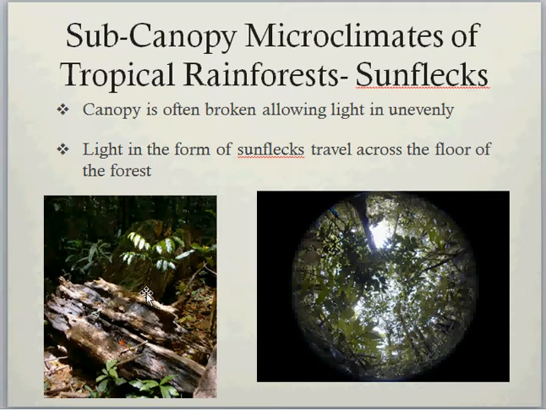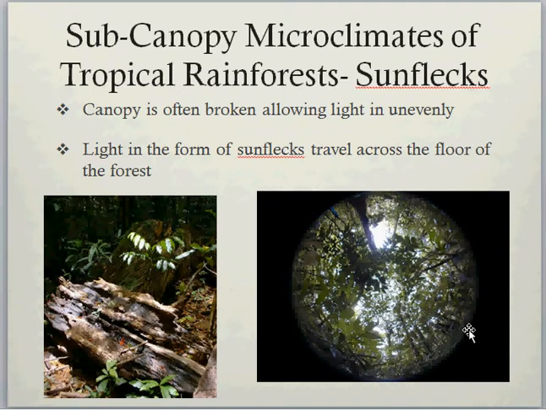And also these sunflecks will vary according to the season, because as you know, the track of the sun across the sky is not going to be the same throughout the year. There will be variation. It may follow a track further to the south in the winter and a track further to the north in the summer.